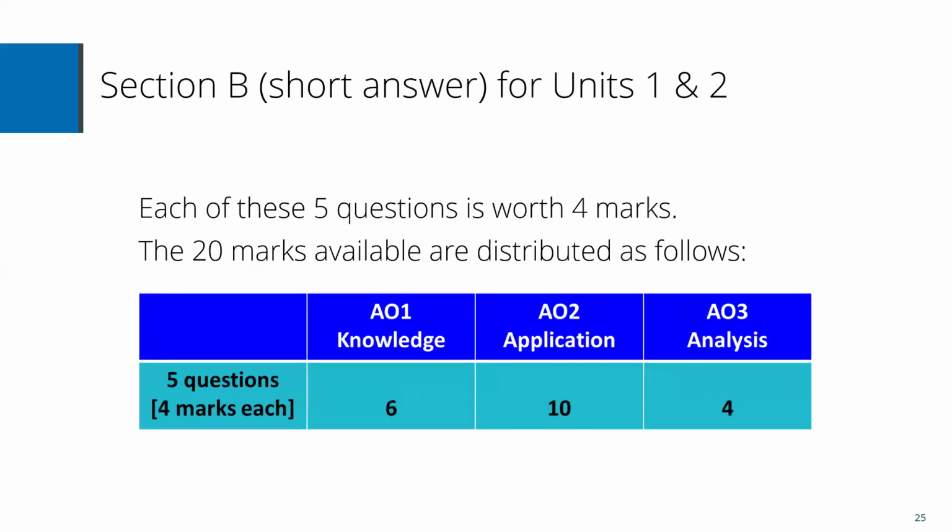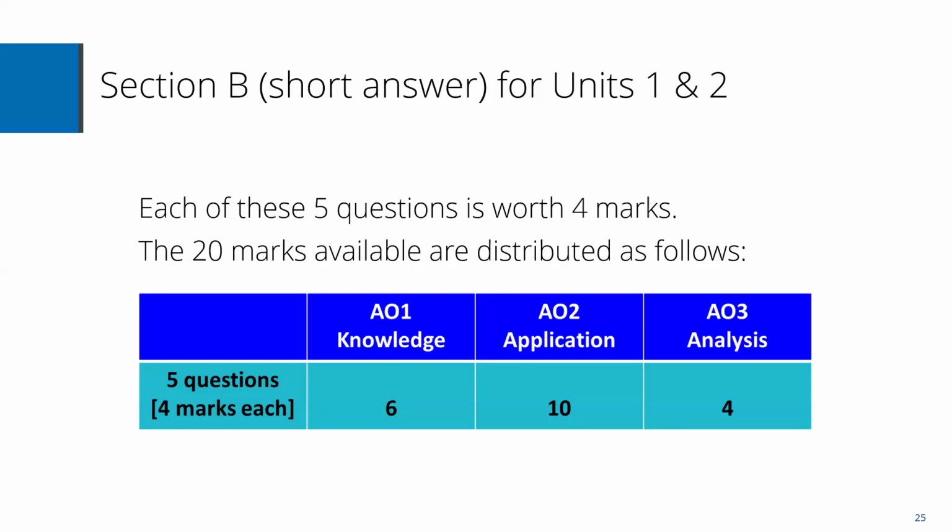Okay, so we're moving on to look at section B on units 1 and 2 now. So this is just in the short answer section B, which is only present on units 1 and 2. There are 5 questions and each one is worth 4 marks. And you can see here the assessment objective breakdown for those 5 questions.